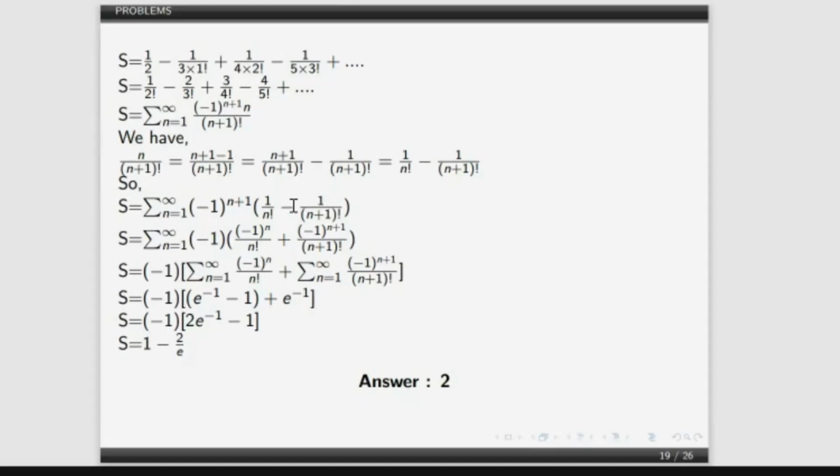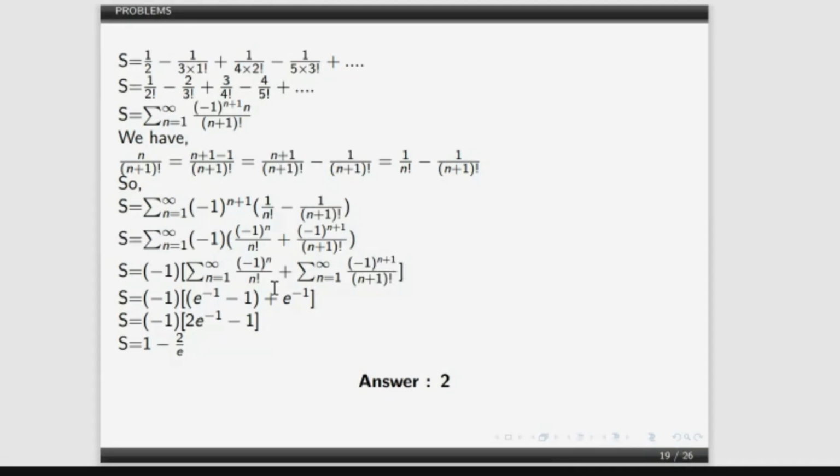And here I already have one negative, so it becomes minus 1 power n plus 1. Right. This being a constant, I have taken it out of the summation, and it becomes the series n equal to 1 to infinity of minus 1 power n by n factorial, plus the summation n equals 1 to infinity of minus 1 power n plus 1 by n plus 1 factorial.